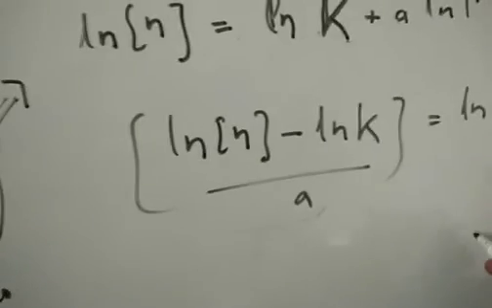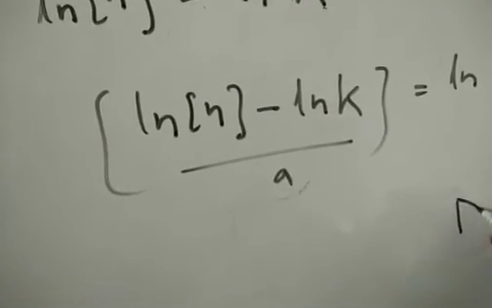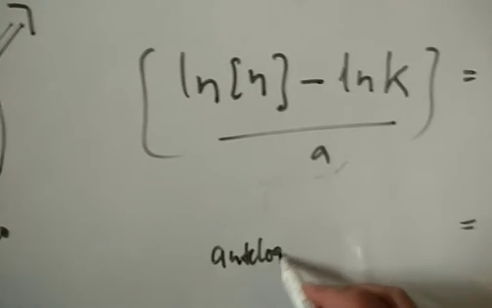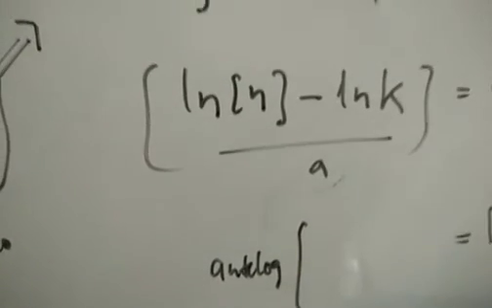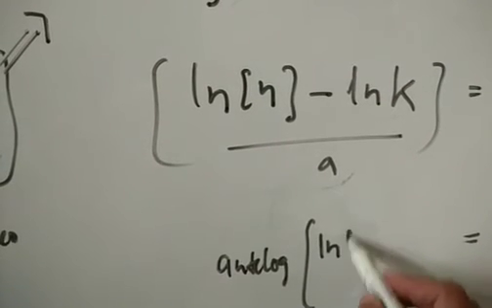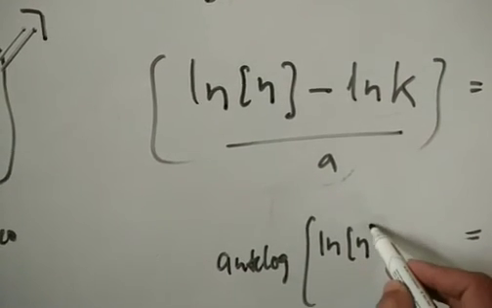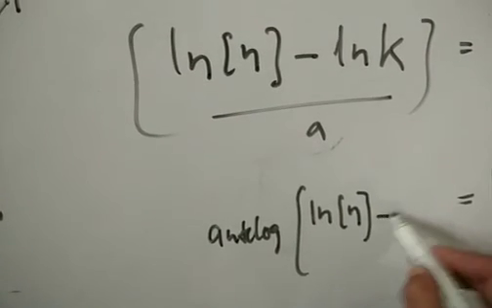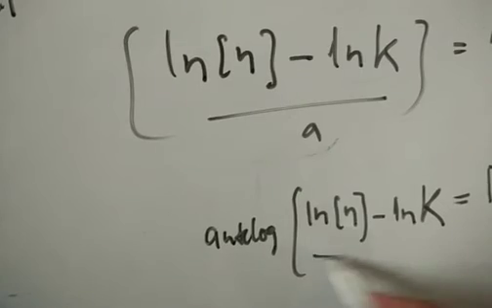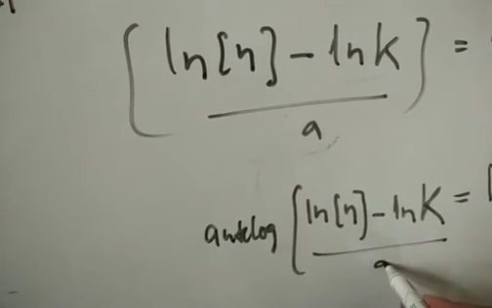Then you have the molecular mass of polymer, that's the number average molecular mass. So that can be written as the antilog of this whole term. What is that? That is log of intrinsic viscosity minus log of constant K, divided by a.